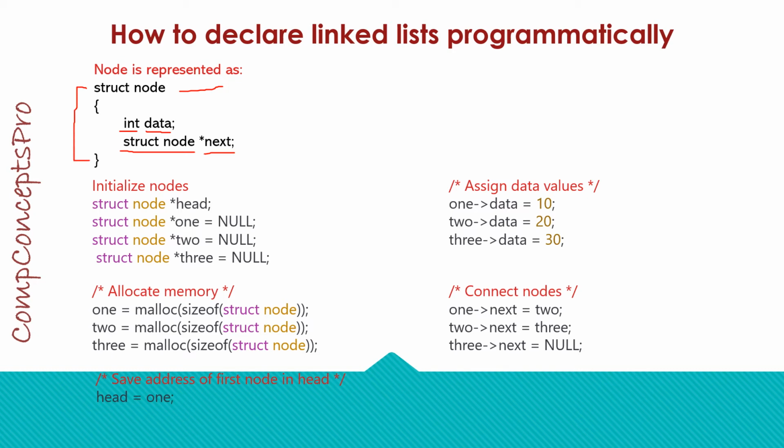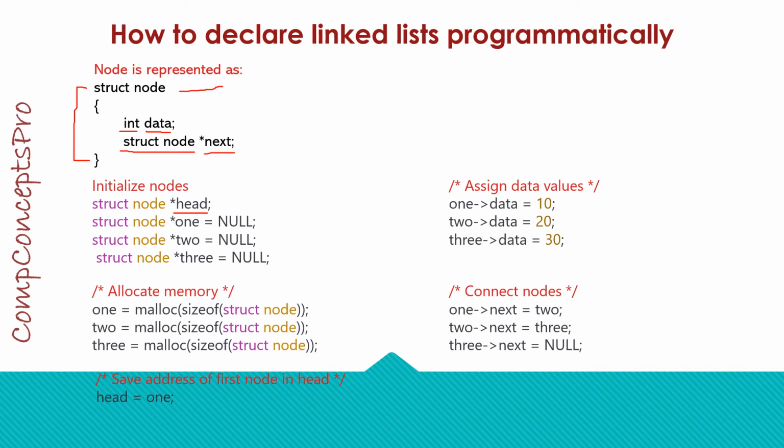Now how to initialize individual nodes? First is the head pointer. This will point to the first node of the linked list. Somewhere we can use the name head, and in some cases you will see the name of the pointer which is pointing to the first node is start.